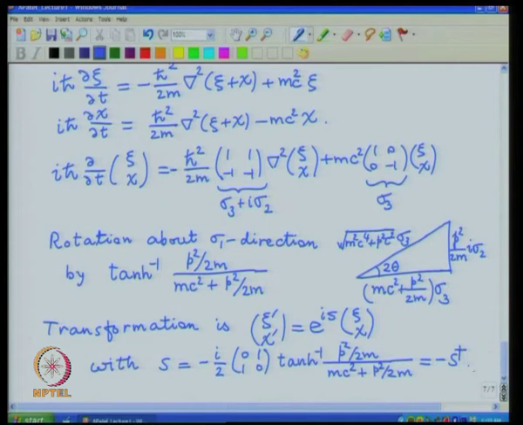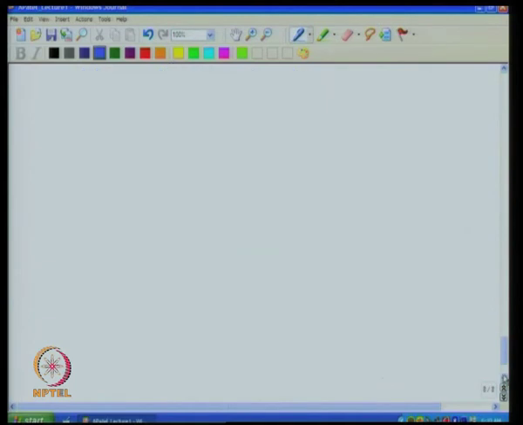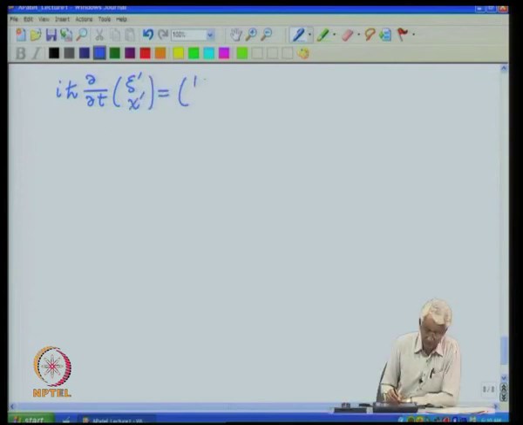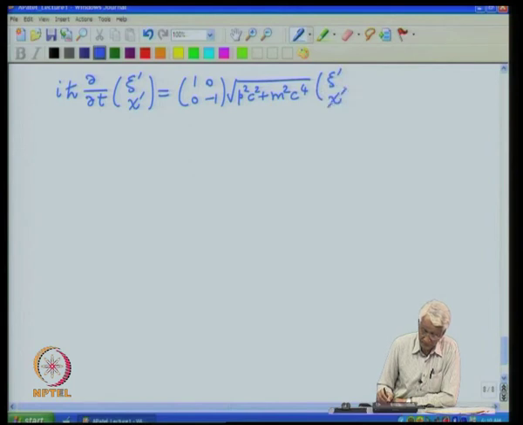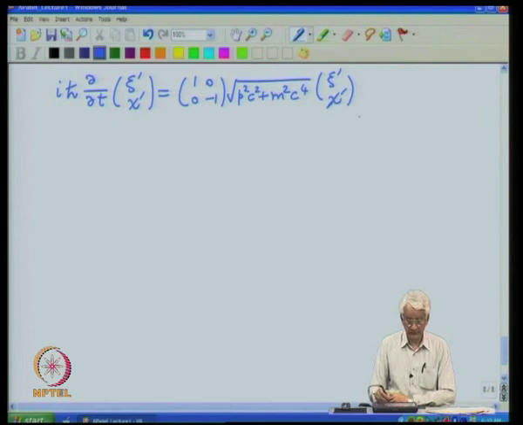So, if one performs this particular transformation, then the resulting equation is indeed of the form which we wanted, which makes the separation of the 2 degrees of freedom very explicit.